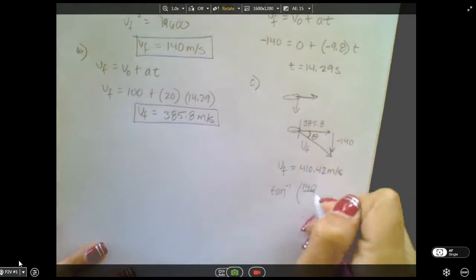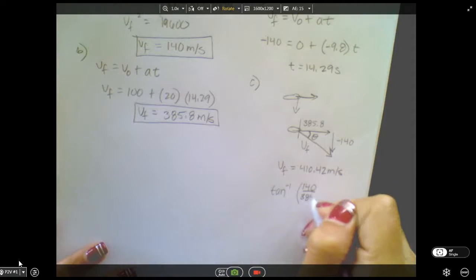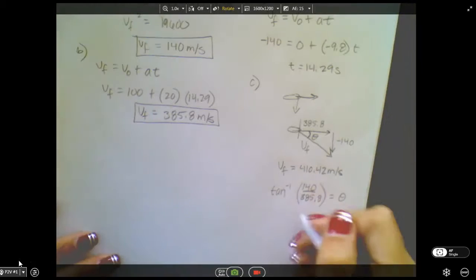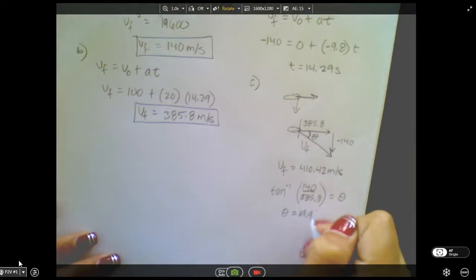You can still ignore the negative sign for now. Over the adjacent, and that'll be my angle. So if I plug that into my calculator, make sure you're in degrees, and I am in degrees, I take the inverse of tan of 140 divided by 385.8, and I get theta equals 19.9 degrees.